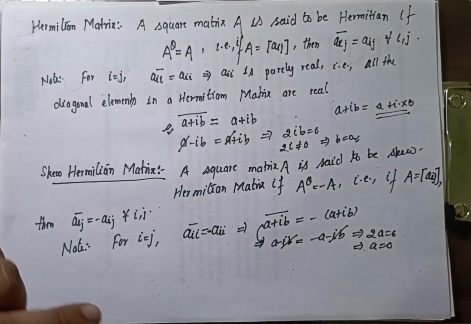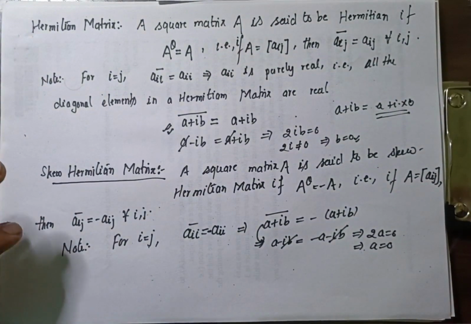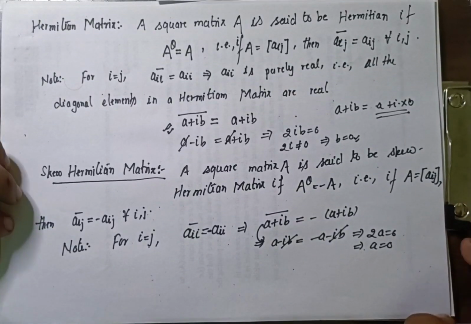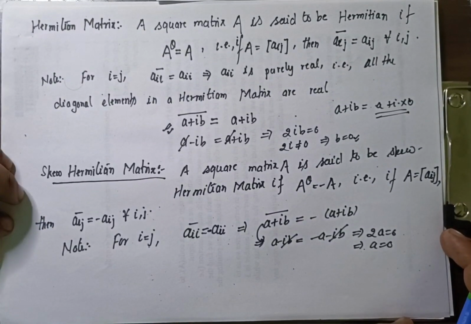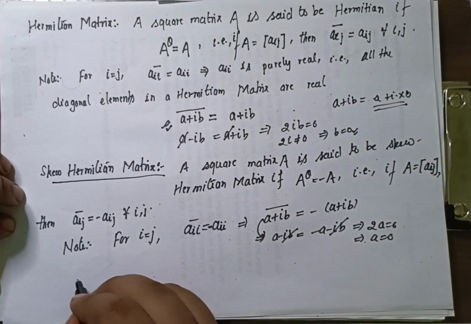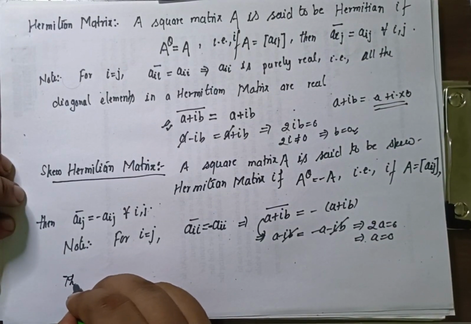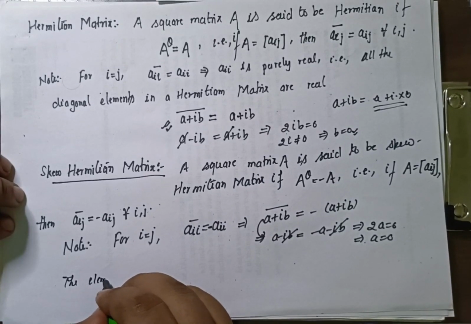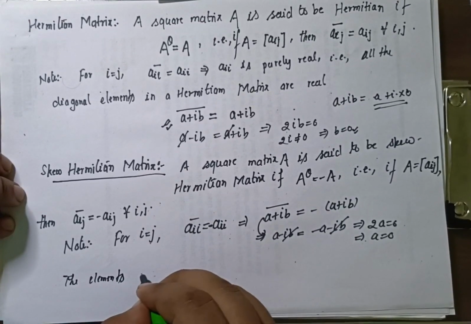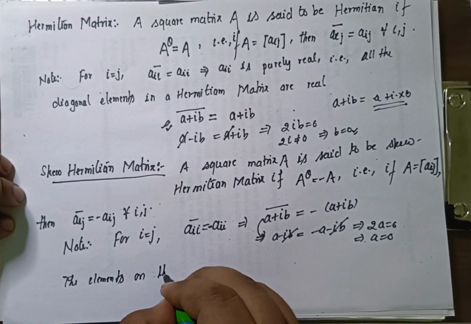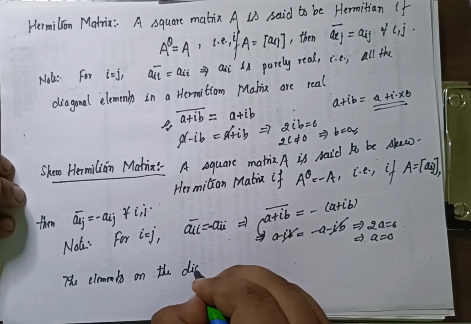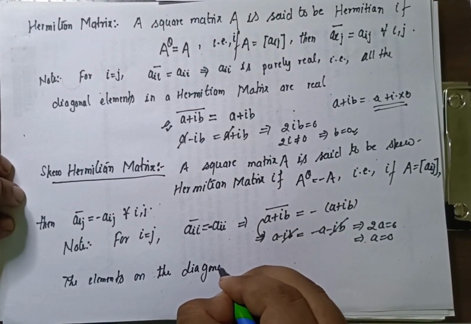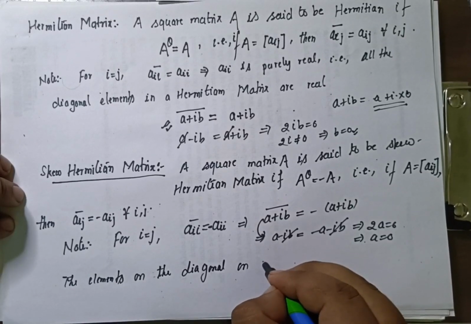So one point to be noted here very carefully: the elements on the diagonal of a skew Hermitian matrix are purely imaginary.